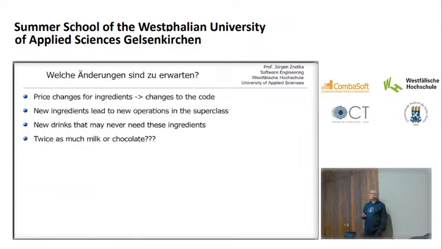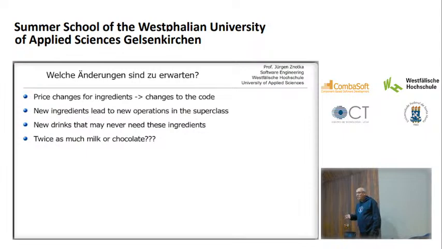Because there are plenty of changes we have to accept in the future, and we want to be able to react to these changes quite well. First, we have price changes for ingredients, so we have to make the change to the code. Milk costs 10 rice more, 1 rice more, if you want to have more.